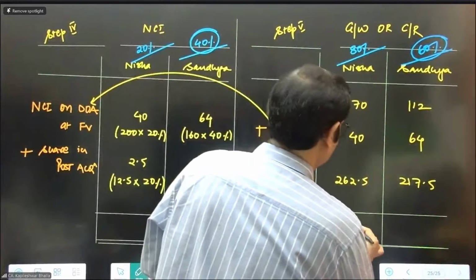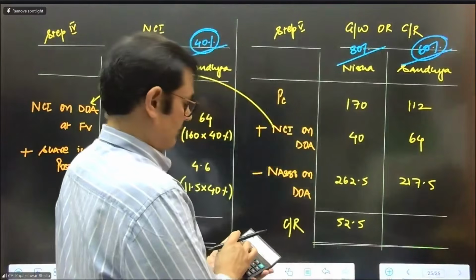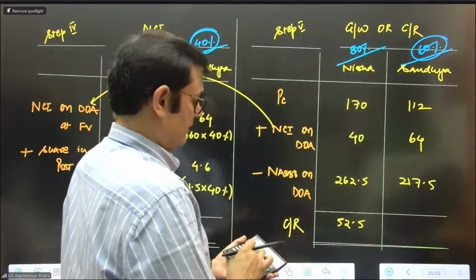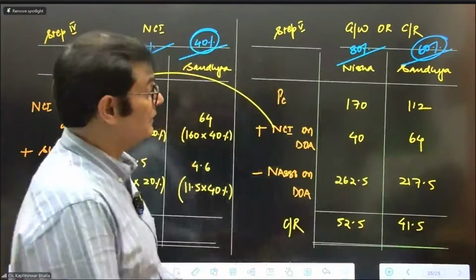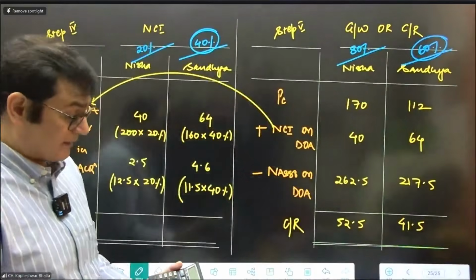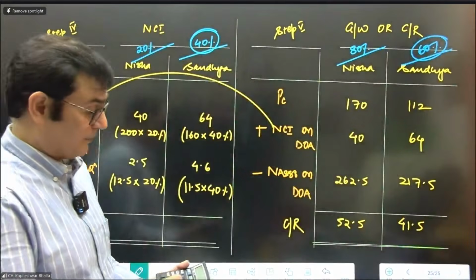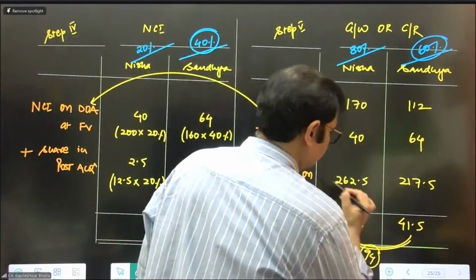This is coming to 52.5 capital reserve. And this is coming to 41.5 capital reserve again. In both the cases, the PC NCI is greater as compared to net assets. We can just add the two as well. So the total capital reserve comes to 94.